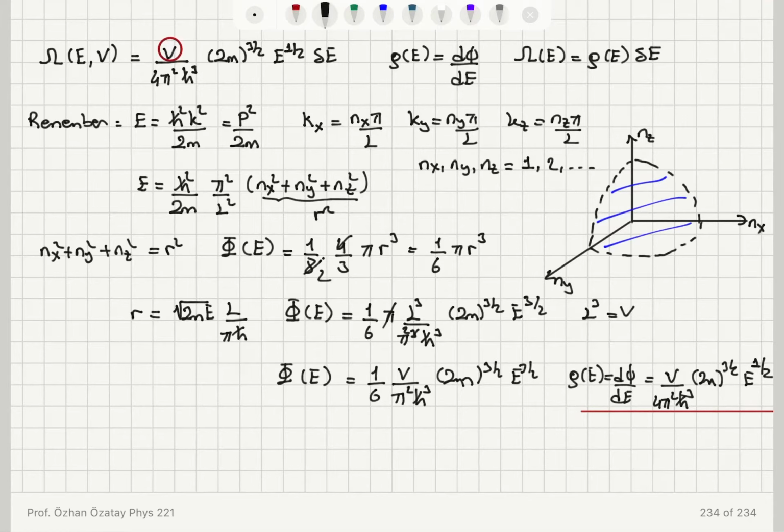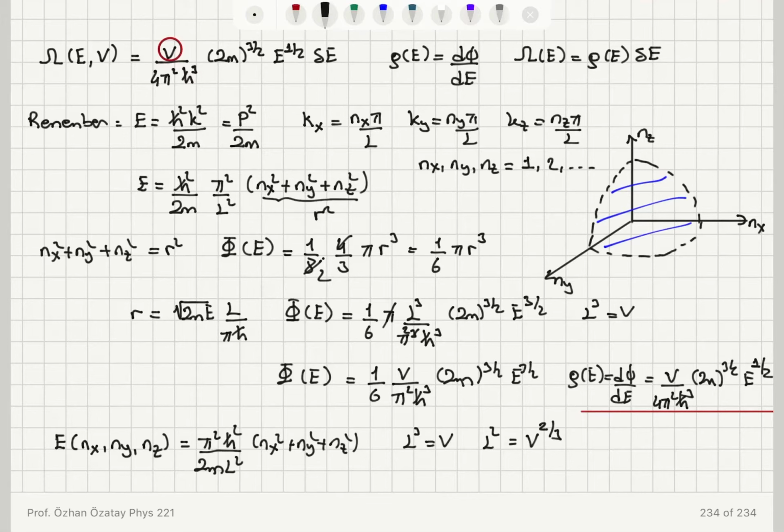And if you look at the energies of these quantum states, if I look at the energy of a certain quantum state, which is specified by the values of nx, ny, and nz, this is basically pi squared h bar squared divided by 2m L squared, nx squared plus ny squared plus nz squared. Since L cubed is equal to V, L squared is equal to V to the power 2/3.